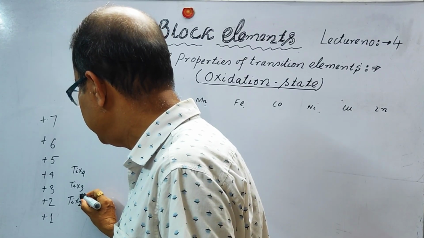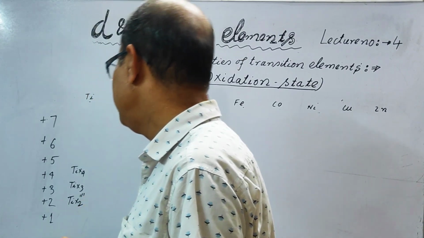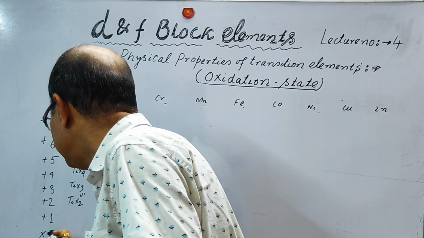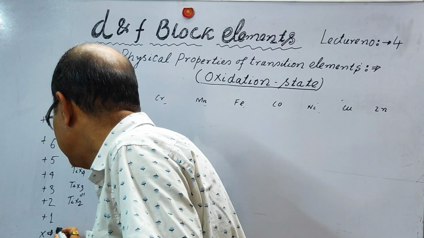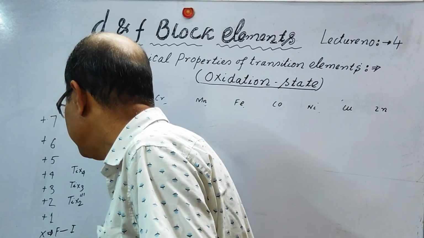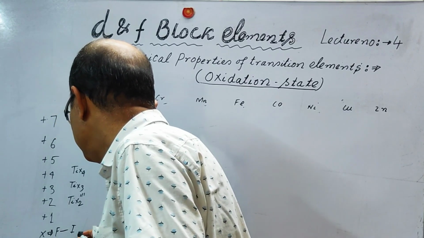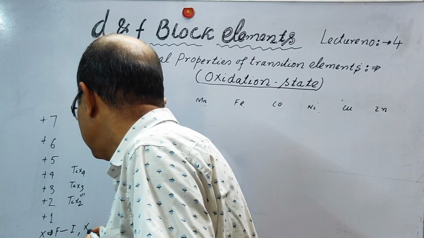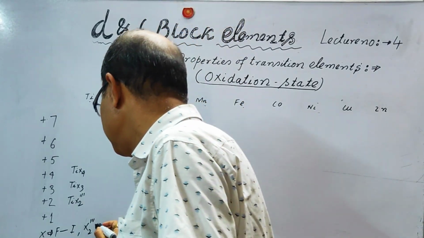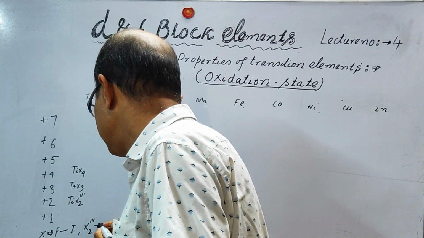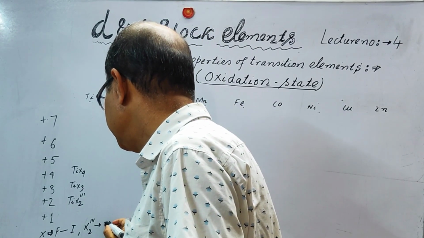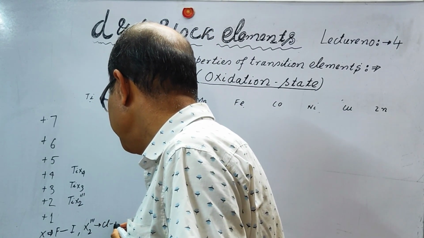In the case of TiX4, X can be fluorine to iodine, whereas in TiX2, we will find chlorine to bromine.